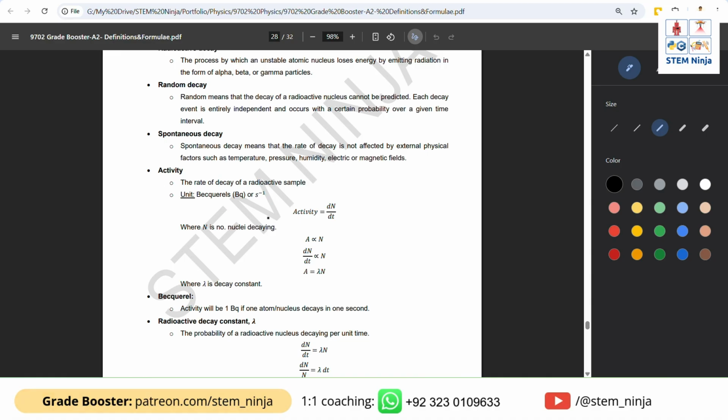One more thing, we know activity is equal to dA over dt, and it's proportional to the number of nuclei. At the end, its formula becomes A is equal to lambda times n, where lambda is the radioactive decay constant, basically.